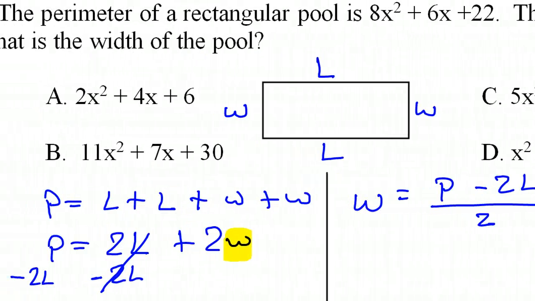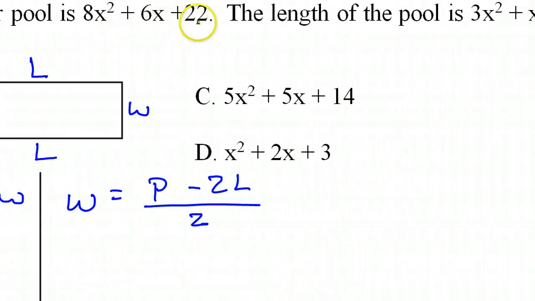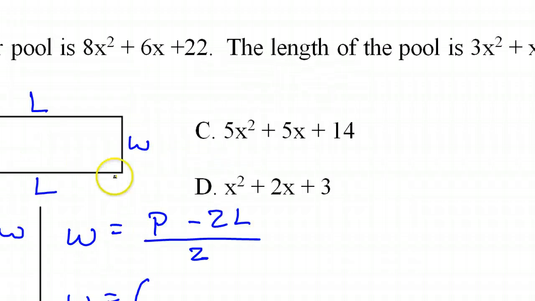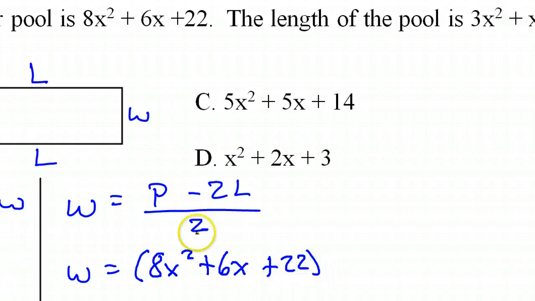Alright, so they say the perimeter is 8x squared plus 6x plus 22. Okay, so I'm going to go ahead and substitute that in. I already forgot it. 8x squared plus 6x plus 22. I'm just putting that in right here for the perimeter. Now I have minus 2 times the length.